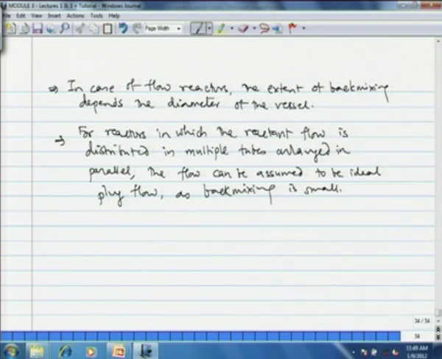Now this is as far as the fluid reactors are concerned.